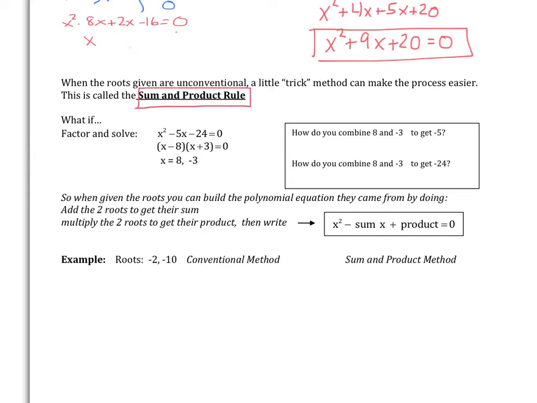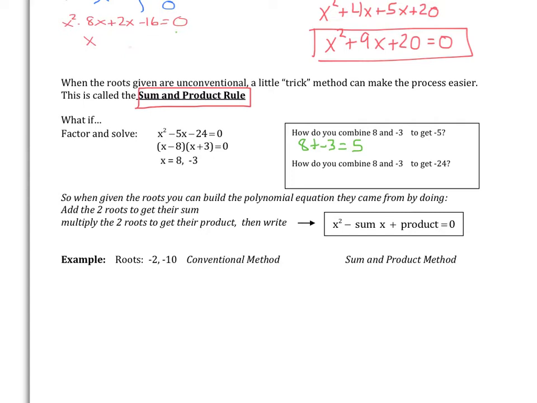What we're going to do is figure out how you get that -5. How do you combine 8 and -3 to get -5? Well, if you added them and then changed the sign, you would get -5. 8 plus -3 is 5, and then change the sign. So it's finding the sum and then switching the sign.